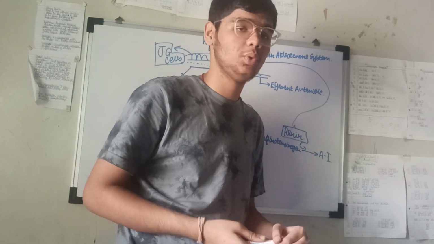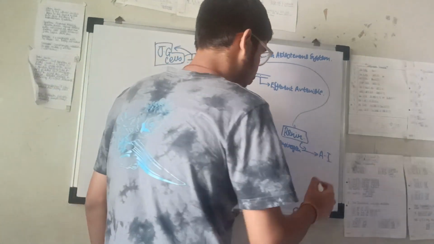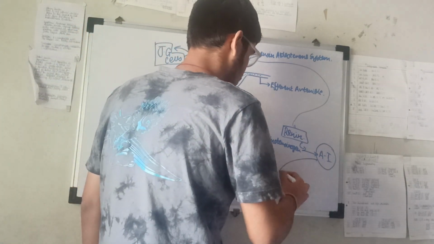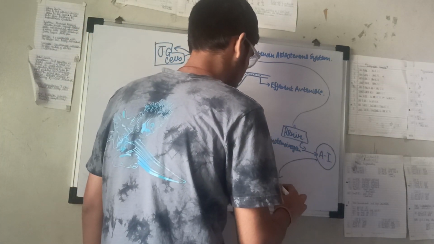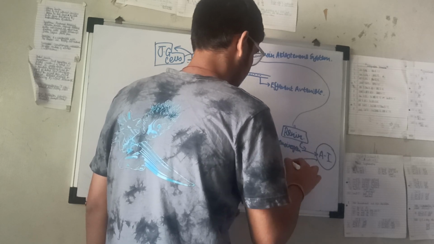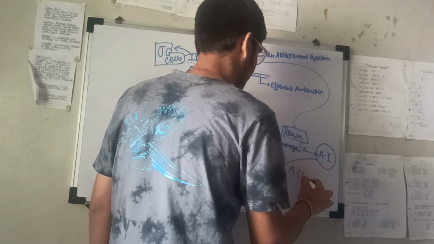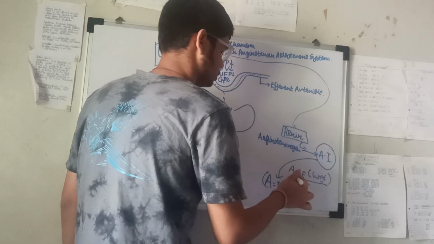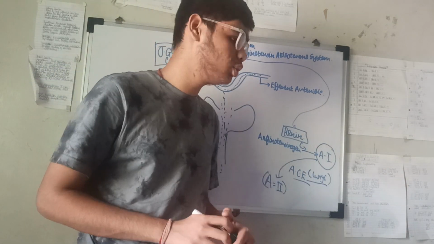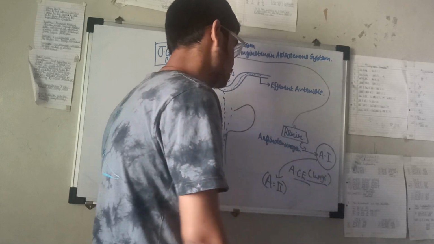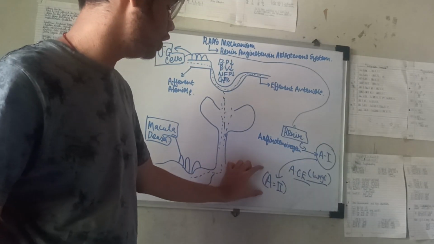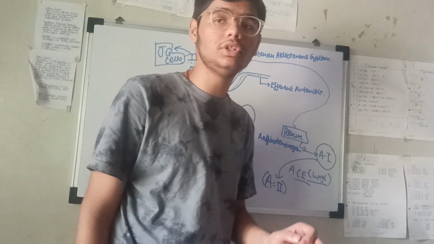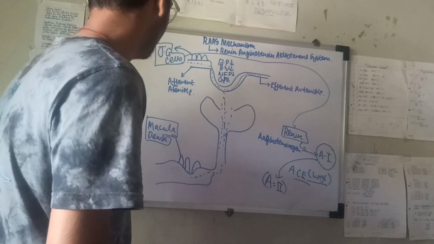Angiotensin 1 is not sufficient for the further work, so it is converted into A2, which is angiotensin 2, by angiotensin converting enzyme, ACE, from the lungs. ACE acts on angiotensin 1, which is finally converted into angiotensin 2. So what is the importance of angiotensin 2? That we will see now.